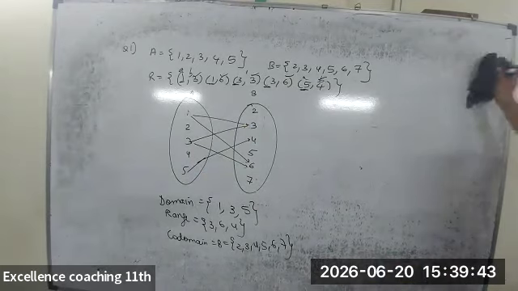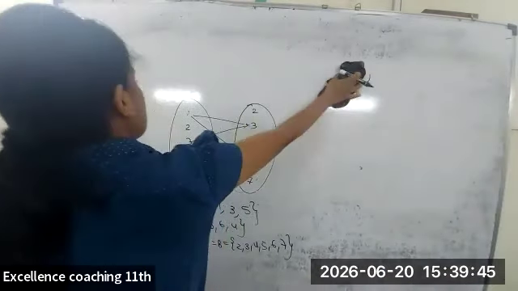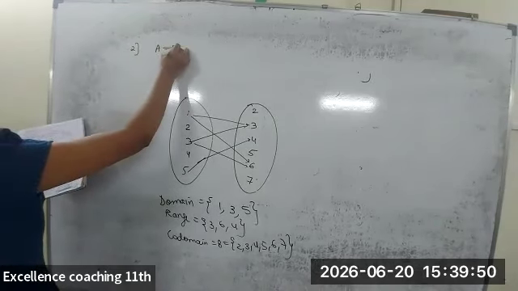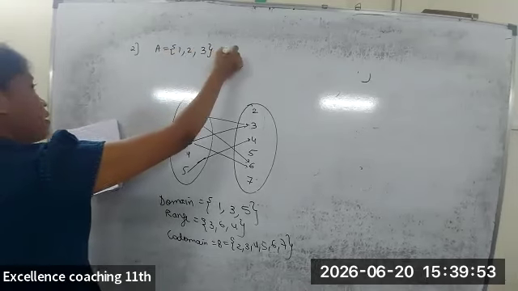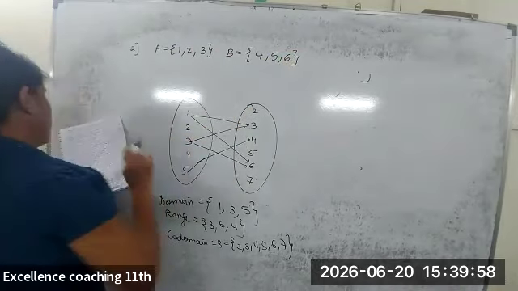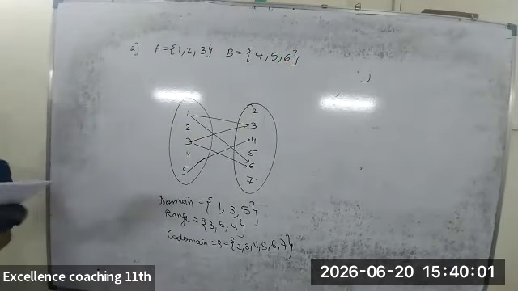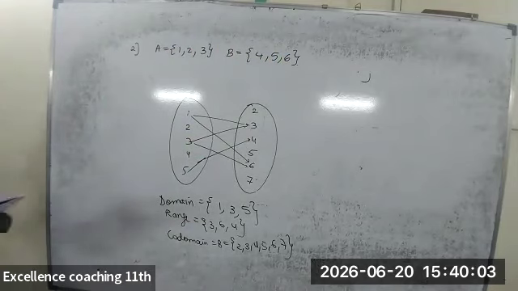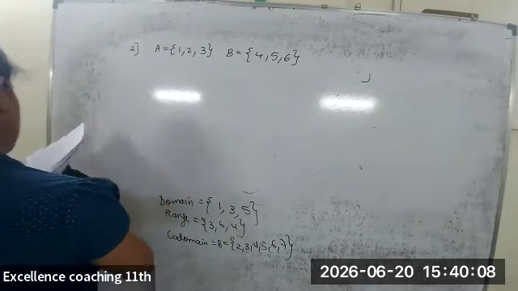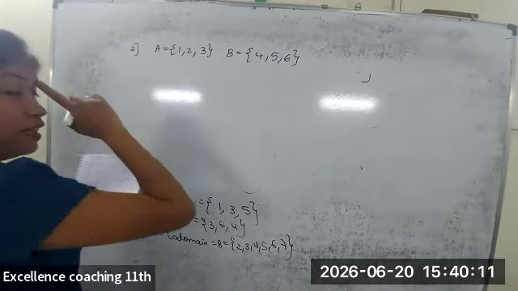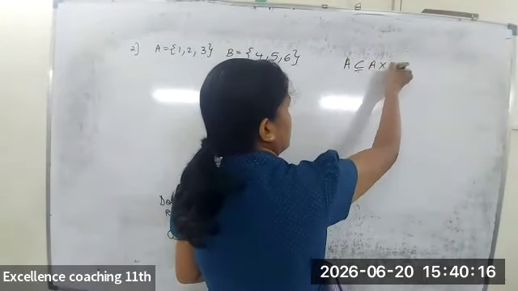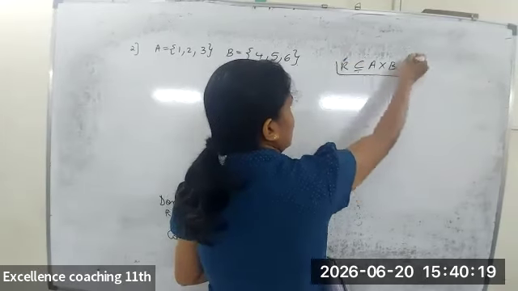Now we'll see the second one. Which of the following are relations from A to B? So as per the definition, what is the definition? It should always be a subset of or equal to A cross B. This is as per your definition.